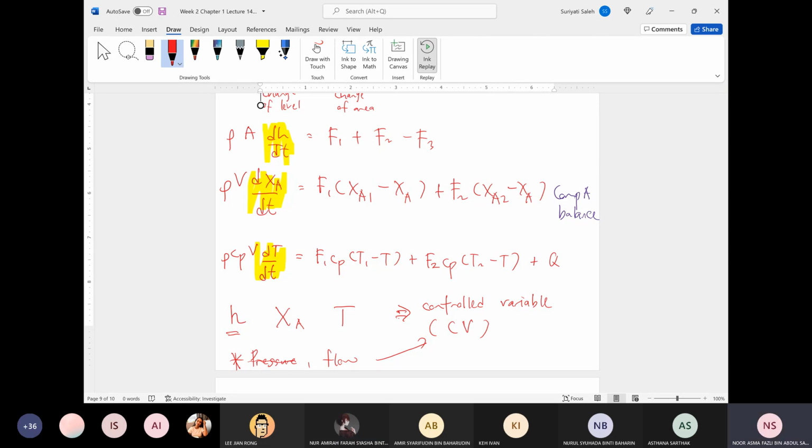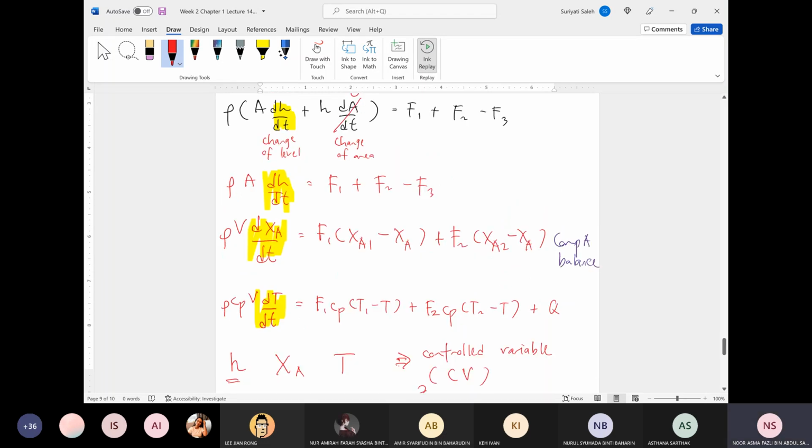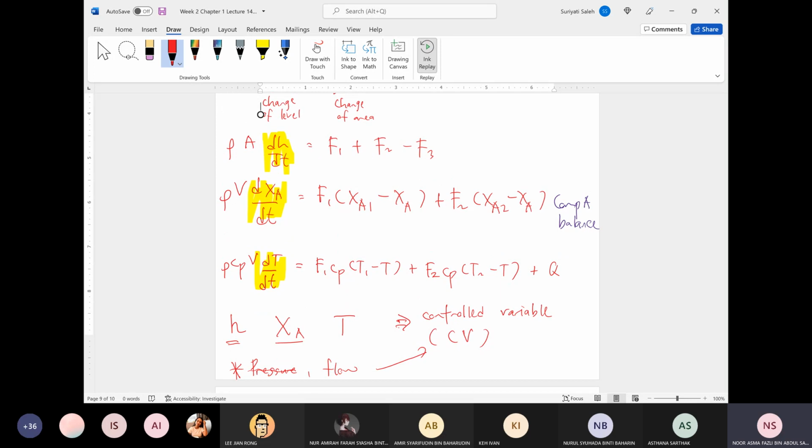So now, do we need to control XB? In this case, we need to be realistic. Since the XA here represents the mass fraction, and for our case we know that XA plus XB becomes 1, because you only deal with 2 components, A and B. Of course, when you add up both components, it results in 1 as your mass fraction.